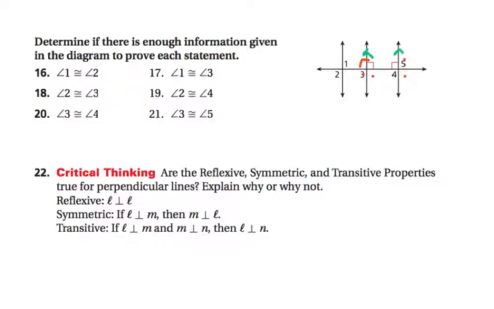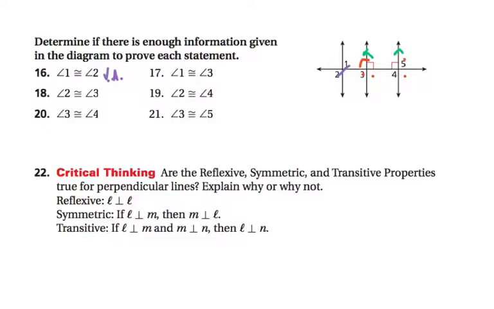So let's see. First thing that we note is that 1 and 2 are the same, and they are the same because of vertical angles. So we don't necessarily need the diagram to say. I'm just trying to see if they need us to tell us it is enough information. So we're going to say yes by vertical angles.